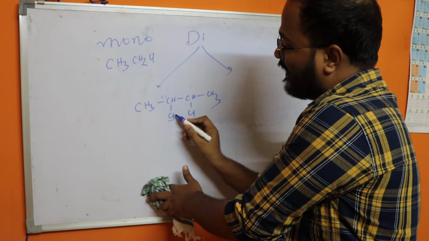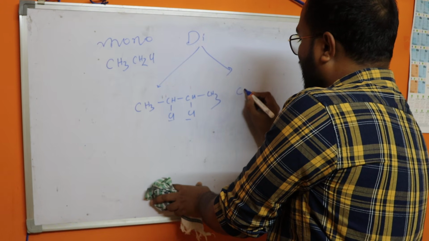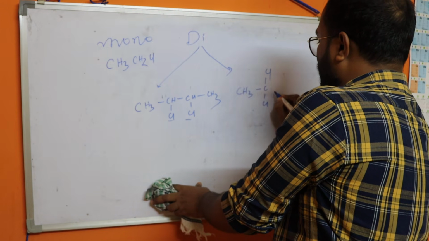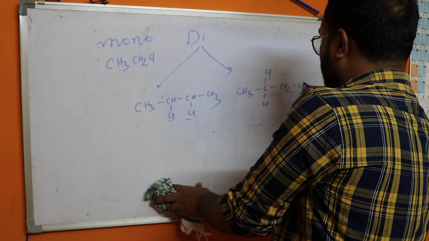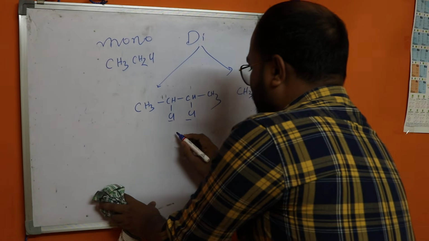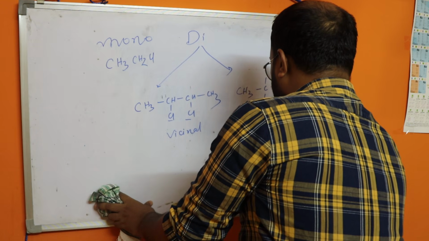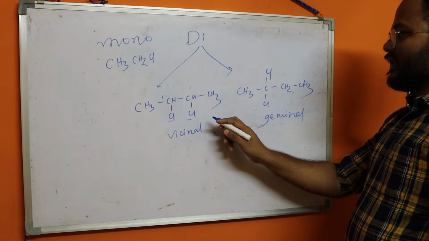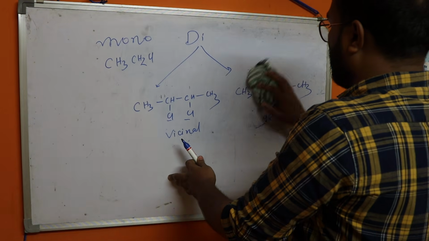They are basically attached to nearby carbons. But in case of the geminal, how does it look like? CH3C. Now see, this is called geminal. So this is vicinal chlorine. This is geminal chlorine.